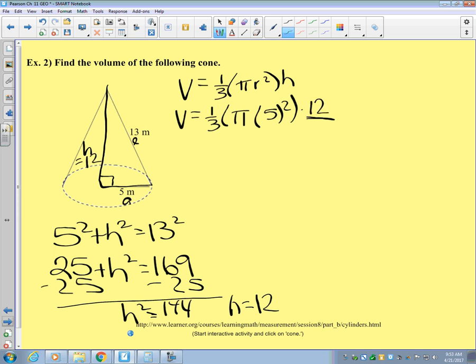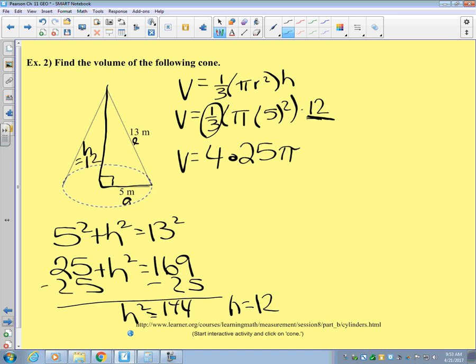All right. If you guys give me permission, I'm going to go ahead and take 1/3 of 12. You guys okay with that? The associative property of multiplication says I can multiply any grouping, any order I want, because it doesn't matter with multiplication. So 1/3 of 12 is 4. 5 squared is 25, and then I got a pi that is hanging off.